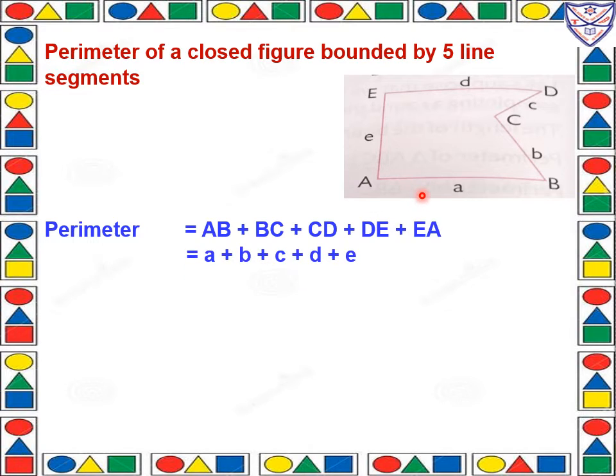AB equals a, BC equals b, CD equals c, DE equals d, and EA equals e. So a plus b plus c plus d plus e is the sum of the lengths of all sides. Whatever lengths are given, we have to add them.